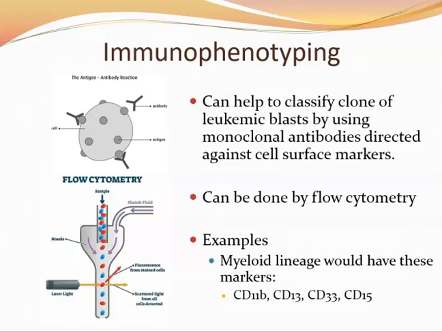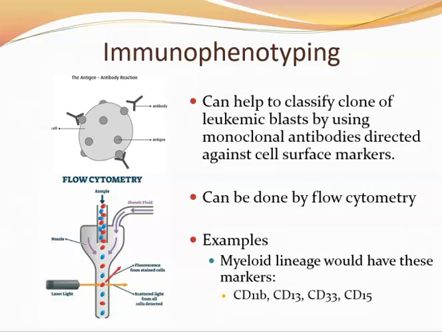Next, we need to discuss immunophenotyping. This is a technique used to study protein antigens expressed on cells. So we can help classify a clone of a leukemic blast by using monoclonal antibodies directed against surface markers.